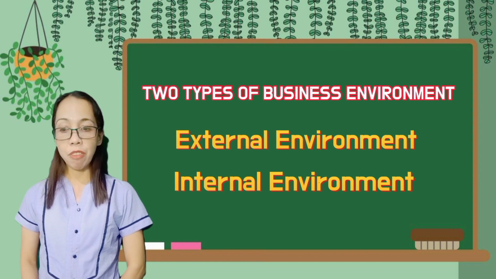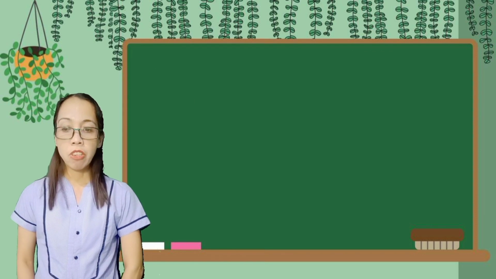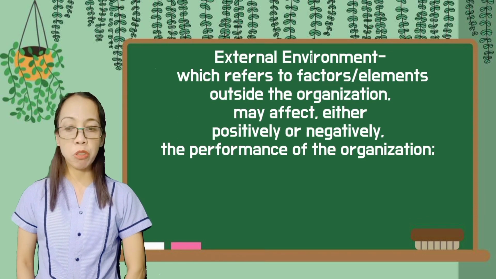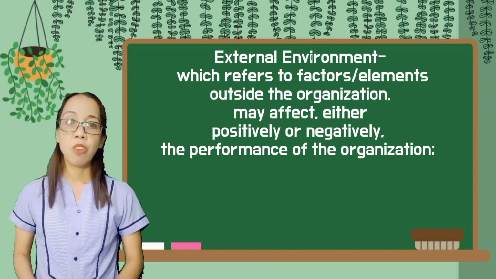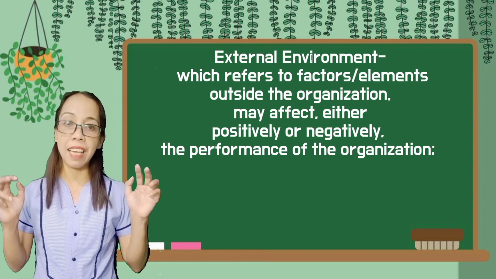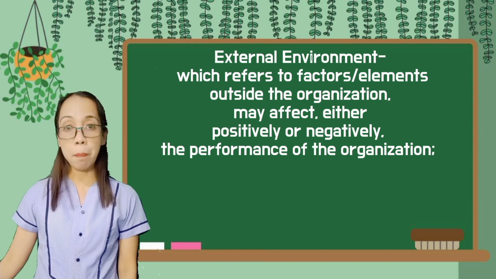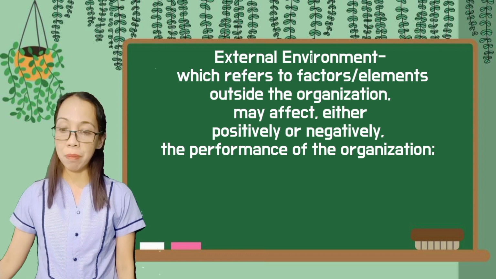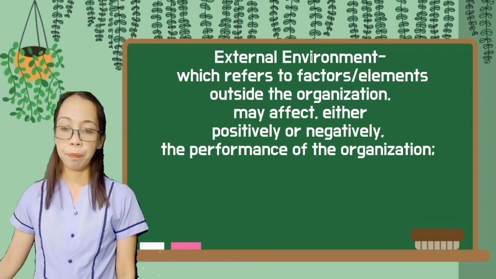So, again, there are two types of business environment, the external and internal environment. We will discuss first the external environment. The external environment refers to the factors and elements outside the organization that may affect negatively or positively the performance of the organization.